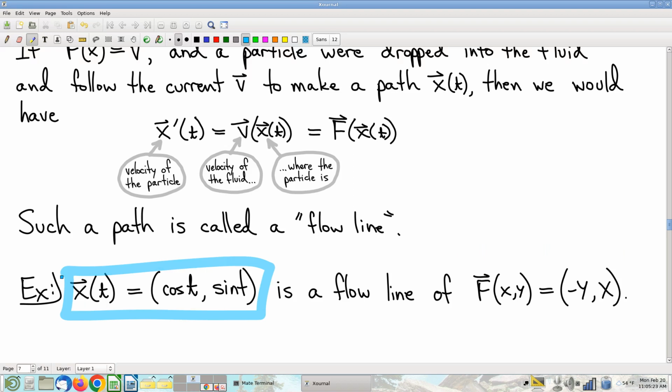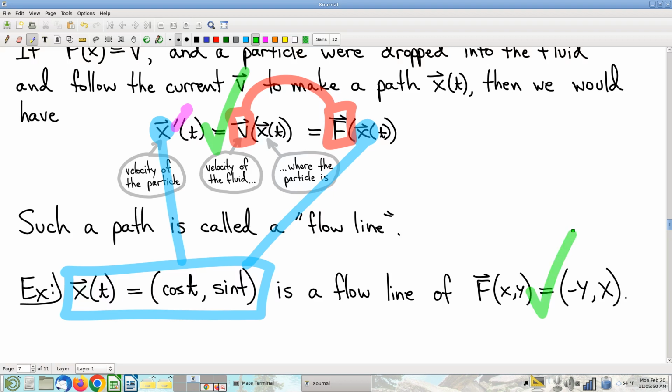And I claim that if you compute its derivative to get the velocity of that particle, and if you evaluate the fluid's velocity at that same point, what you will find is that you get the same thing.